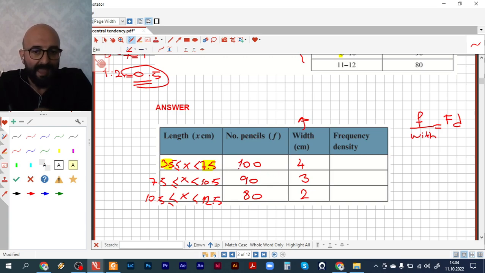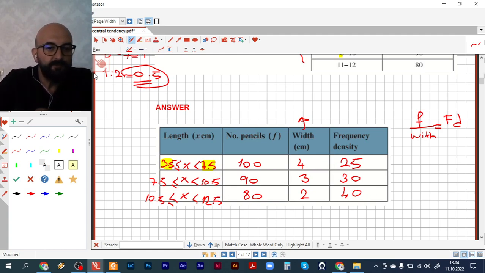So 100 divided by 4, frequency density equals 25. 90 divided by 3, frequency density is 30. 80 divided by 2 equals 40, frequency density is 40.